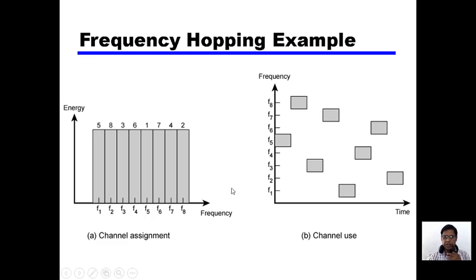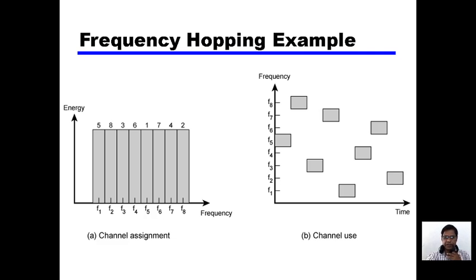So the value of frequency 1 is 5, it correlates here, frequency 1 is at point 5. And here is F2, the number of bits is 8, so F2 is at 8.